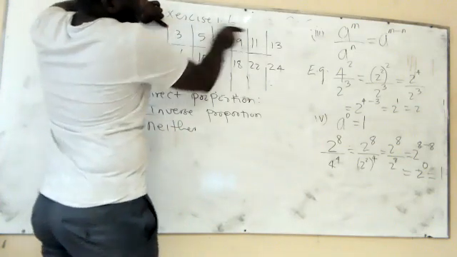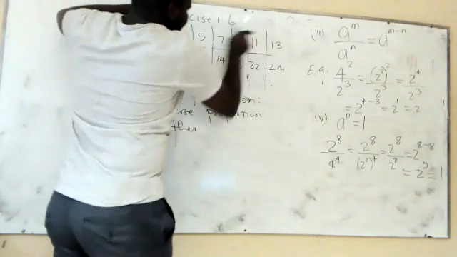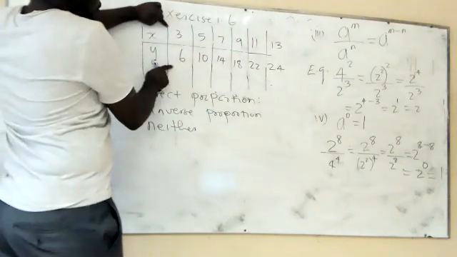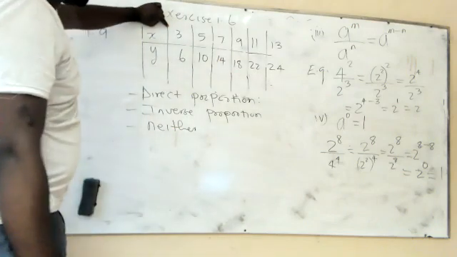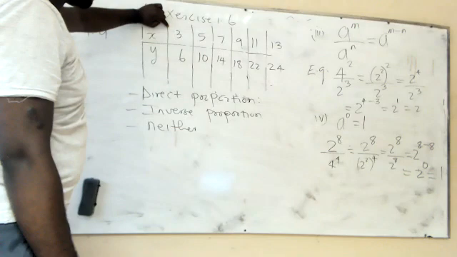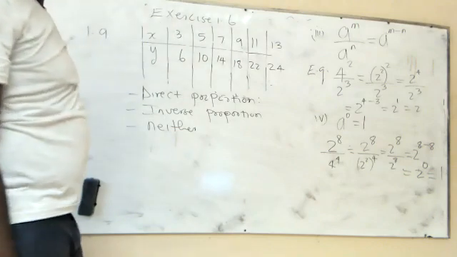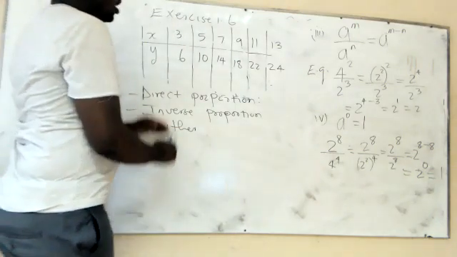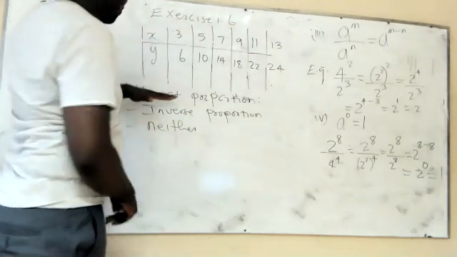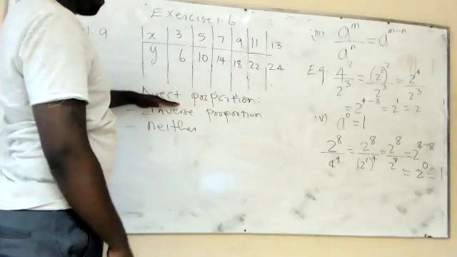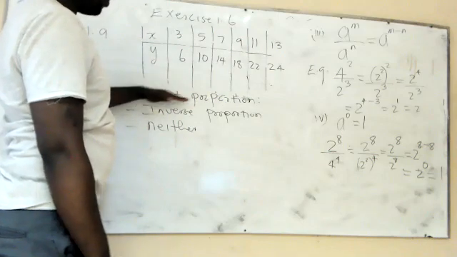So when x increases, what is happening to y? Is it increasing or decreasing? It's also increasing, definitely. So if x is increasing and y is increasing, that achieves the definition of direct proportion.